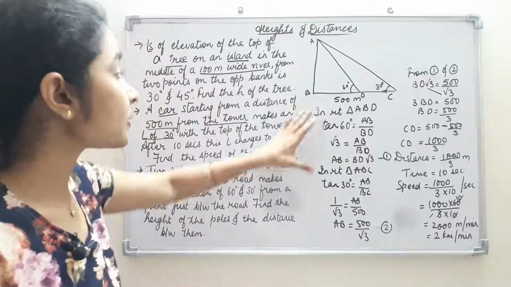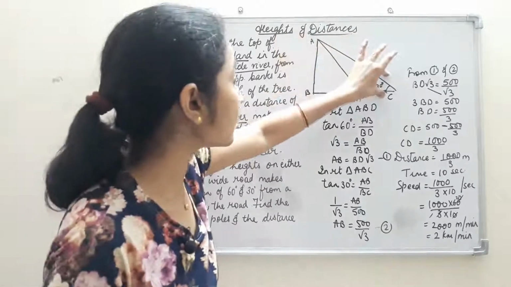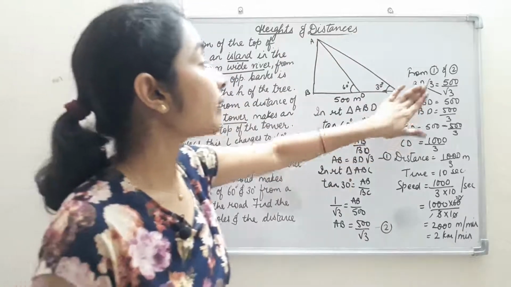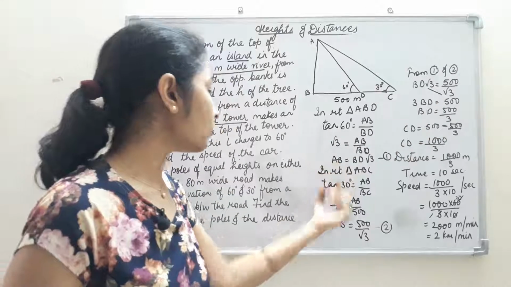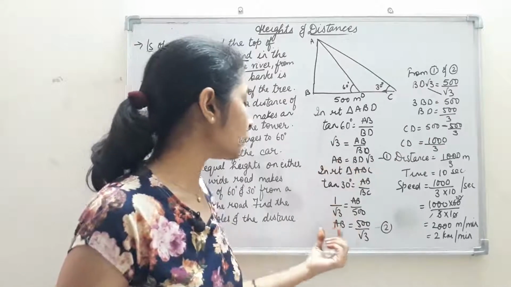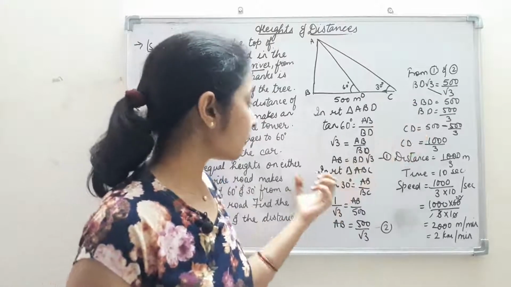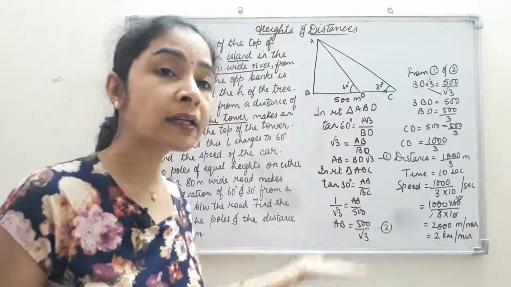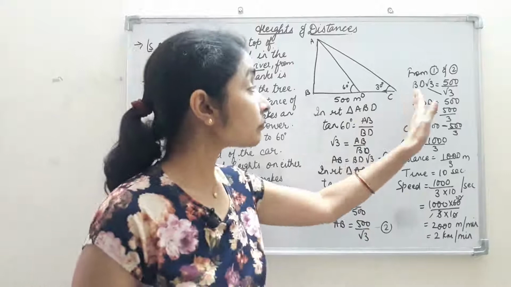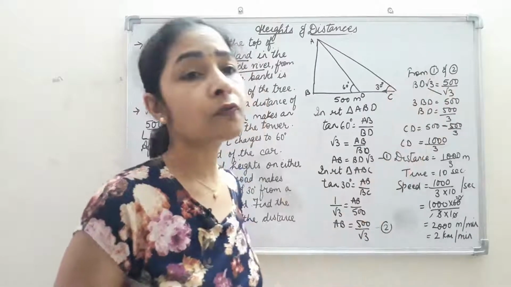So like this, first I took the small triangle, I took the bigger triangle, and after that I got a common value, that is AB is equal to BD root 3 here and AB is equal to 500 upon root 3 here. So I equated both the equations, I compared both the equations, and I got BD root 3 is equal to 500 root 3.